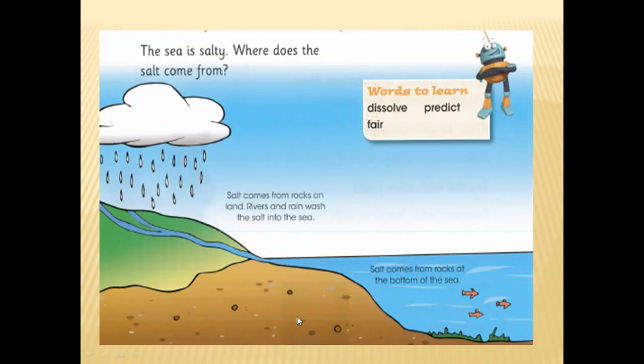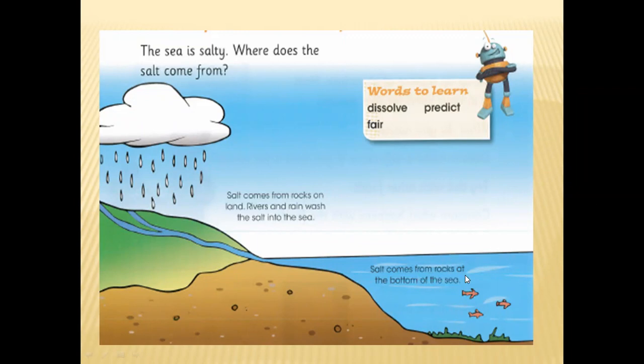And here are the rocks that are in the middle of the way of river and rainwater while it is reaching the sea, okay? So salt is in the rocks. When the rainwater comes and flows over the rocks, it mixes the salt into the water and that water goes inside the sea.